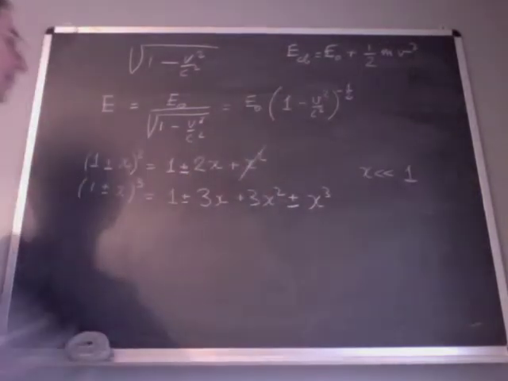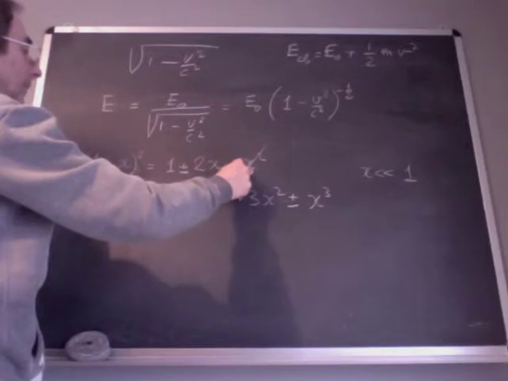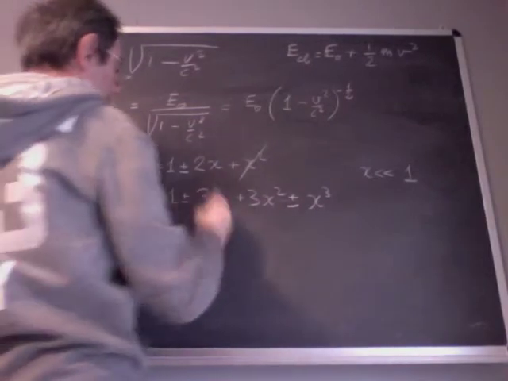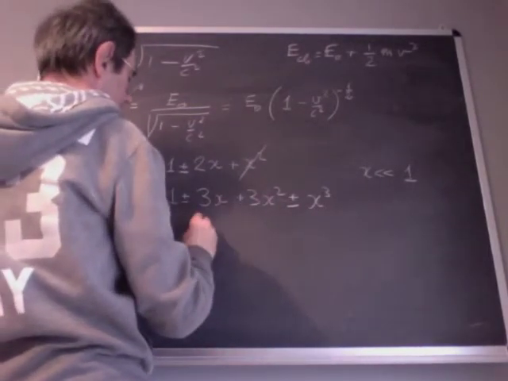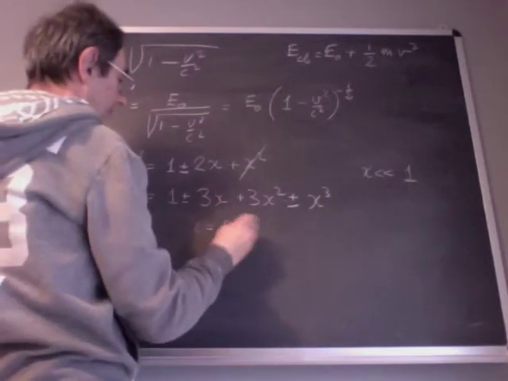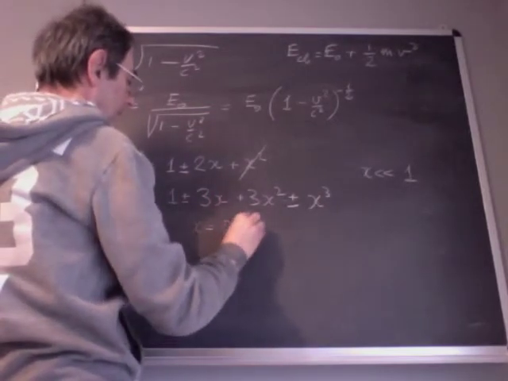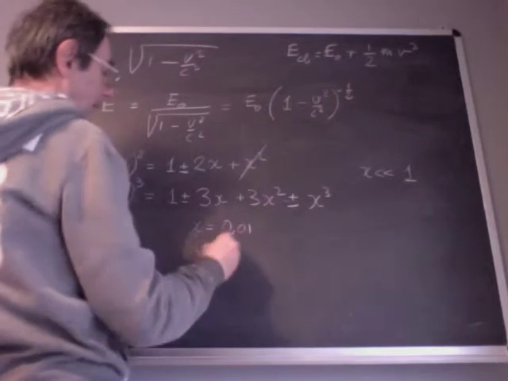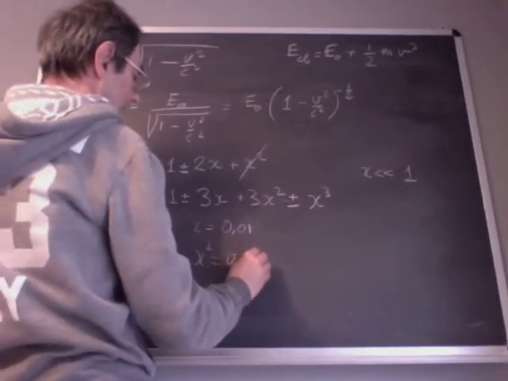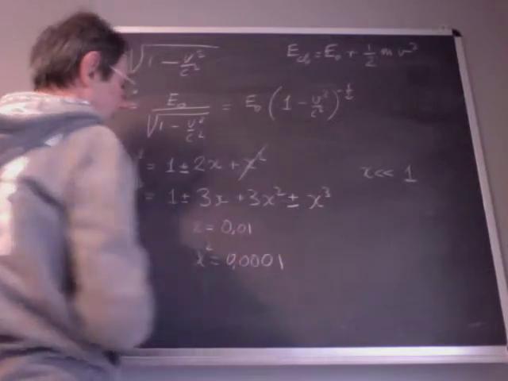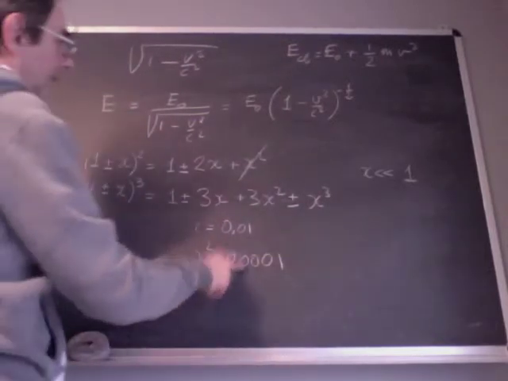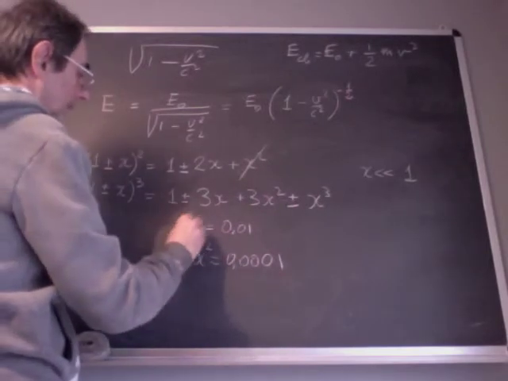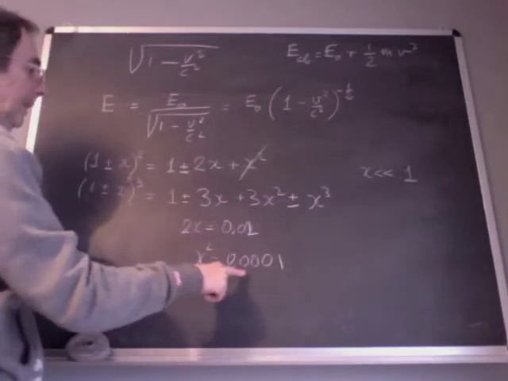You can neglect it because this term here is much smaller than this one. For instance, suppose that x equals 0.01. When you square it, this becomes 0.0001. That is definitely much smaller than 2x. Okay?